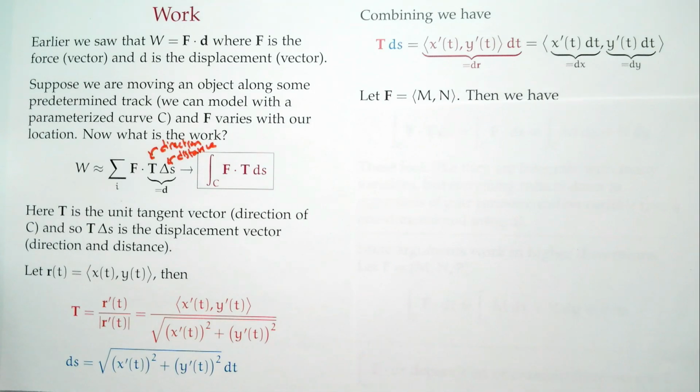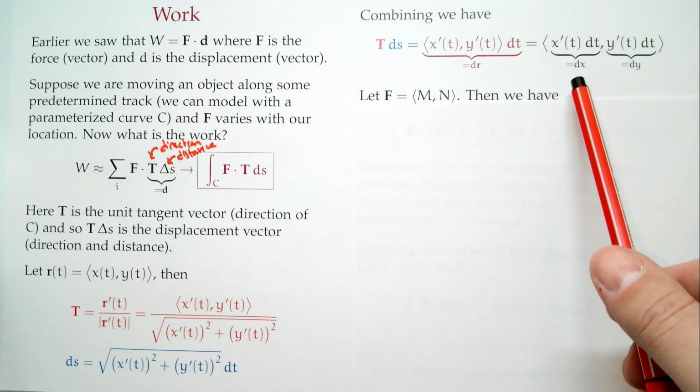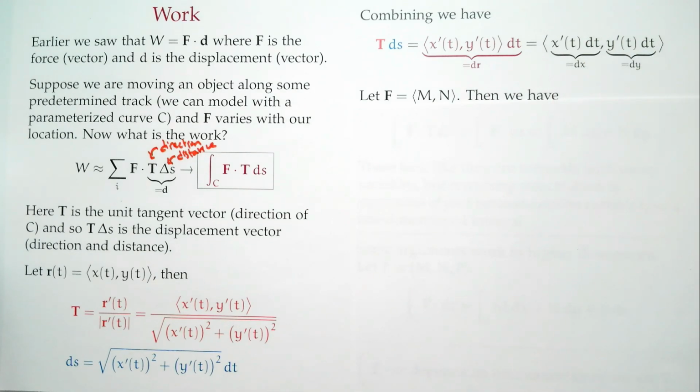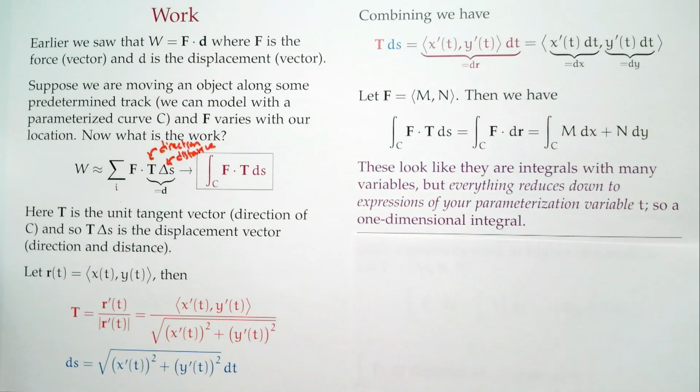This is sometimes called dr, and the individual pieces, x prime t dt and y prime t dt, sometimes you'll see referred to as dx and dy. So, here you go. When we talk about work, we'll have a force, with components M and N. We're going to integrate along our curve F dot T ds.